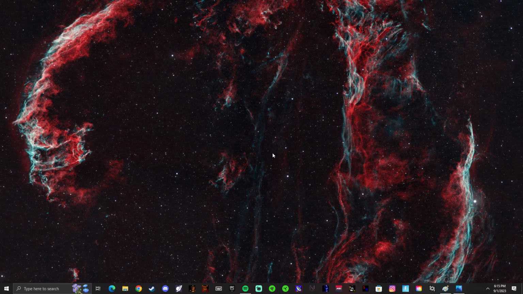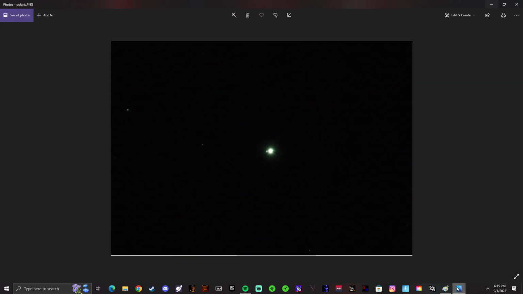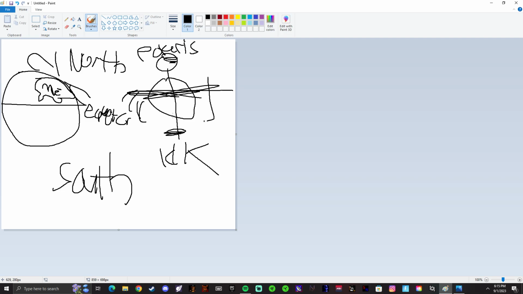Okay, so now the ball is stable. If you move it, it will only rotate one way, and that's kind of what I have here. So here's your ball, and that's the pole. Now the Earth rotates like that. If you take a ball and you spin it, that's how the Earth rotates.